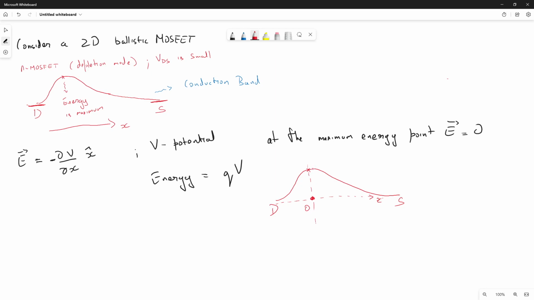Is this clear? Yes, sir. Okay, so the maximum energy point will, from now on in our convention, always be referred to as x equal to 0. So at this point, electric field E vector is equal to 0. When the electric field is 0, what else is 0?